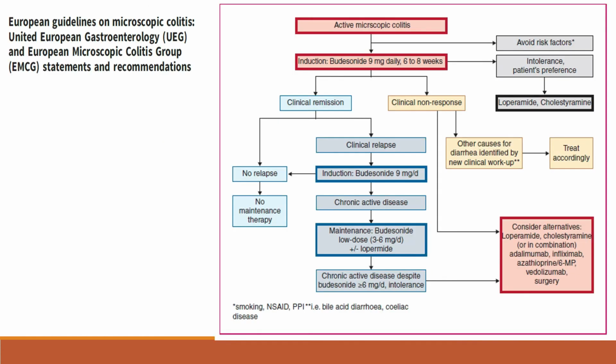And this was the European guideline published, and here you can see that they don't mention mesalamine at all. They mention budesonide, and if it doesn't work, again budesonide, and then you can add loperamide or cholestyramine if the symptoms are mild, and that's pretty much it. Vedolizumab and infliximab, or anti-TNF, were the only biologics described.